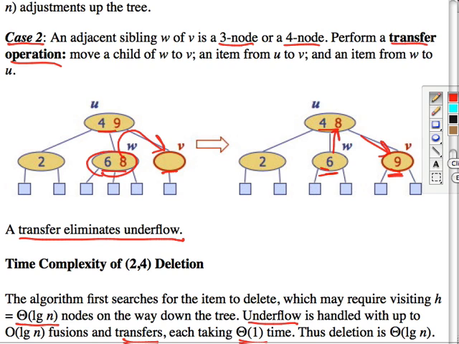They each take theta of 1 time, so it's dominated by this thing here, so deletion is theta of log n. So again, we have a guarantee of log n behavior with these balanced trees, which is what makes them worthwhile. So we've got that guarantee for search, insertion, and deletion, the major operations that you do with these dictionary representations, and that cause problems with the binary search trees.